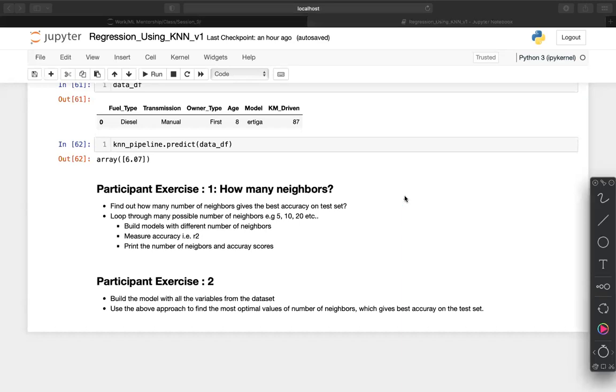For example, let's say for 5, what's the accuracy? 0.86. For 10, what's the accuracy? For 15, what's the accuracy? And then you see which number of neighbors gives you the best accuracy.